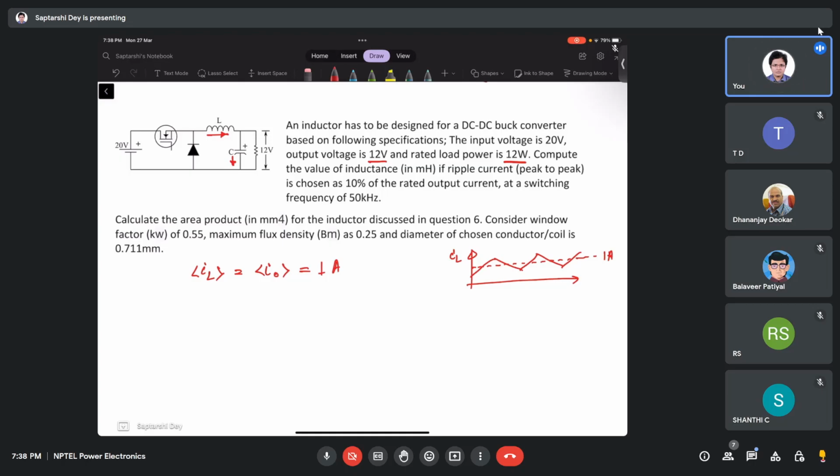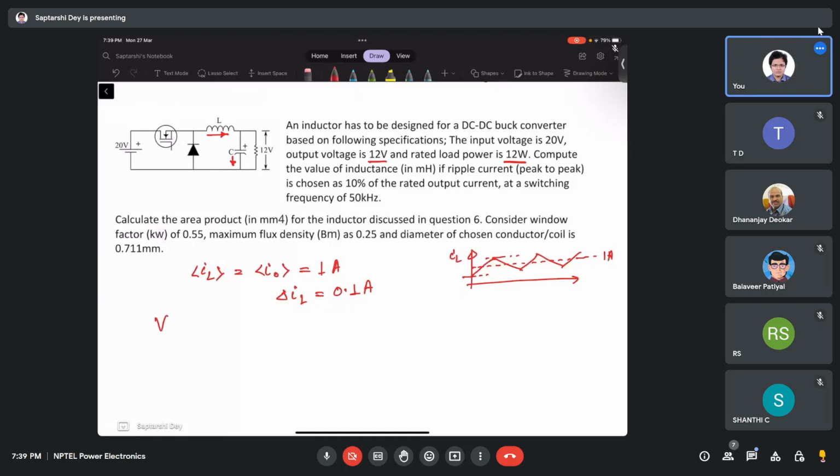So delta IL is 0.1 ampere. We have to find out what has been asked: compute the value of inductance if ripple current is chosen as 10% of rated output current at the given switching frequency. Okay, so delta IL is 0.1 ampere.